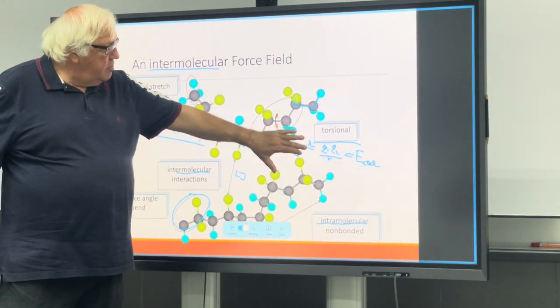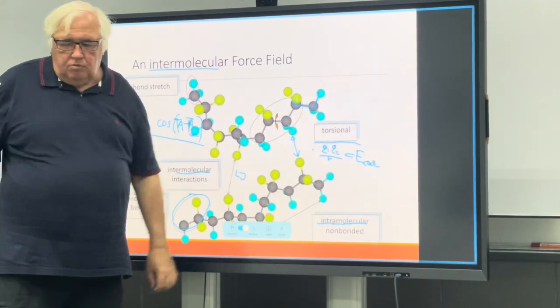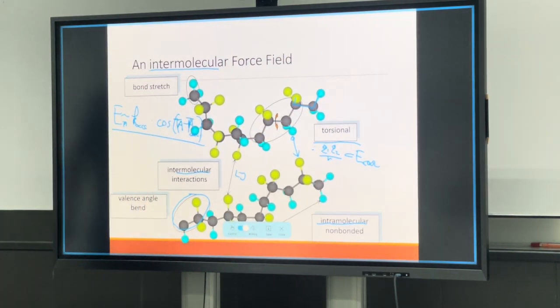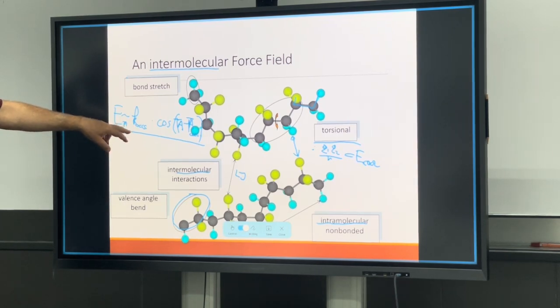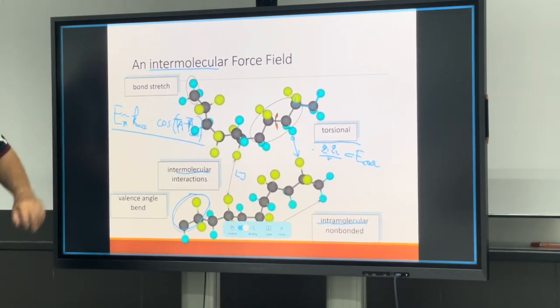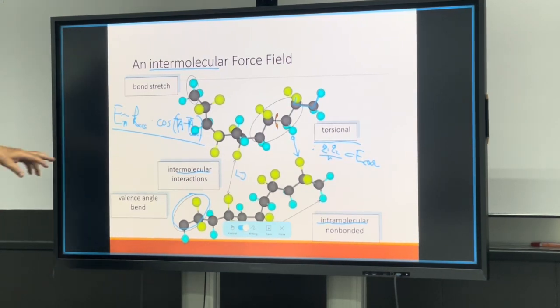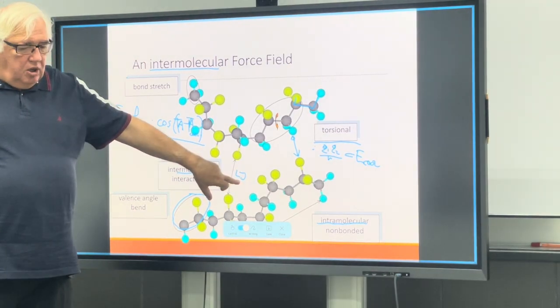And then you can ask yourself, how can I know the Q's? They are also part of this force field. So they are estimated in tables, and normally they are characteristic of the atom and sometimes of the atom in its chemical environment. The same thing goes, of course, for the Lennard-Jones parameters.